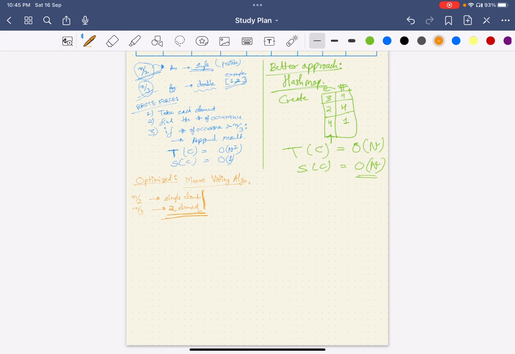Let's take those 2 elements as m1 and m2. So m1 will be majority element 1 and m2 will be majority element 2, and initially we will keep them as None, because -1 can be an element. Both are None initially, and we have count 1 for majority element 1 and count 2 for majority element 2, and both counts initially will be 0, 0.